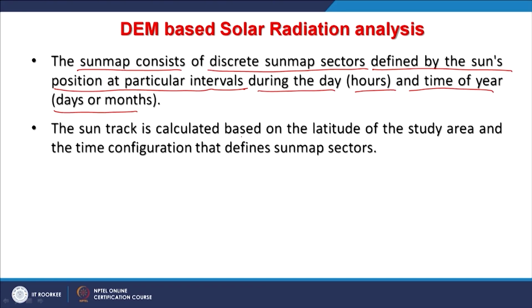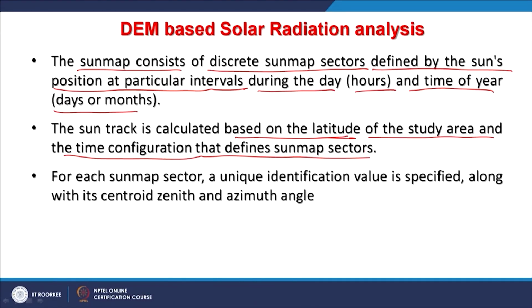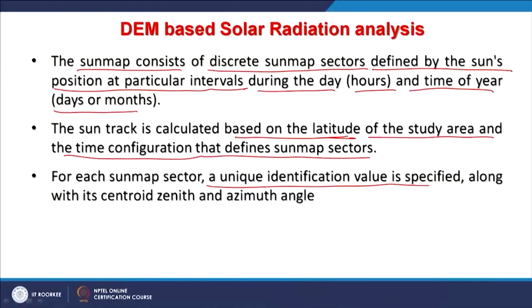The sun map will consist of the sun track, which is calculated based on the latitude where your area of interest, the study area, is located, and a time configuration that defines the sun map sectors. And for each sun map sector, there will be sectors, not like a cell, but sectors in a view set, that is the hemispherical view set, or in that projection, and a unique identification value is specified along with its centroid, zenith and azimuth angle.